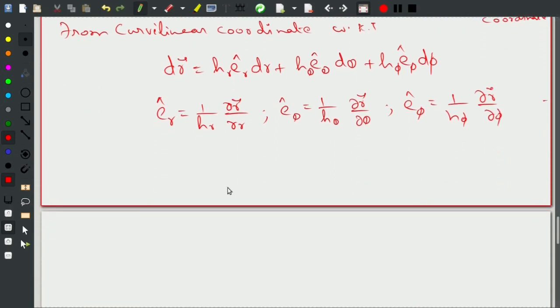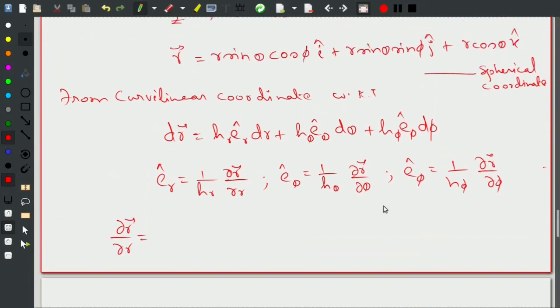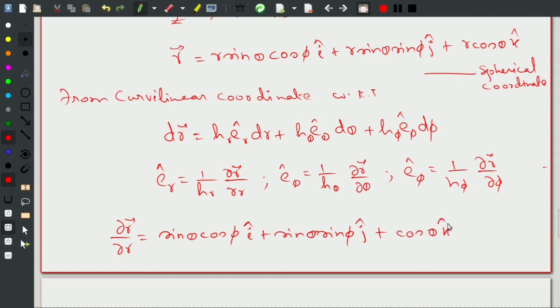So what is dou r vector divided by dou r? I am writing this from this equation. If we differentiate this r vector with respect to r, we have sin theta cos phi i cap plus sin theta sin phi j cap plus cos theta k cap, right?